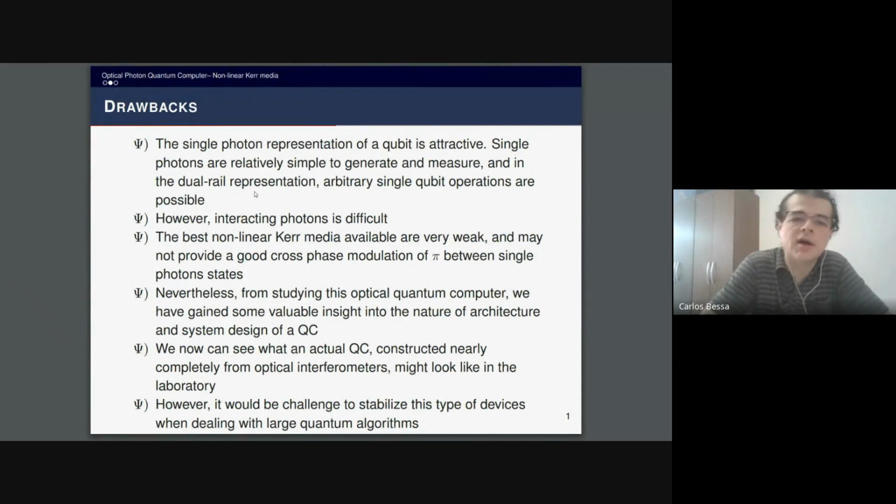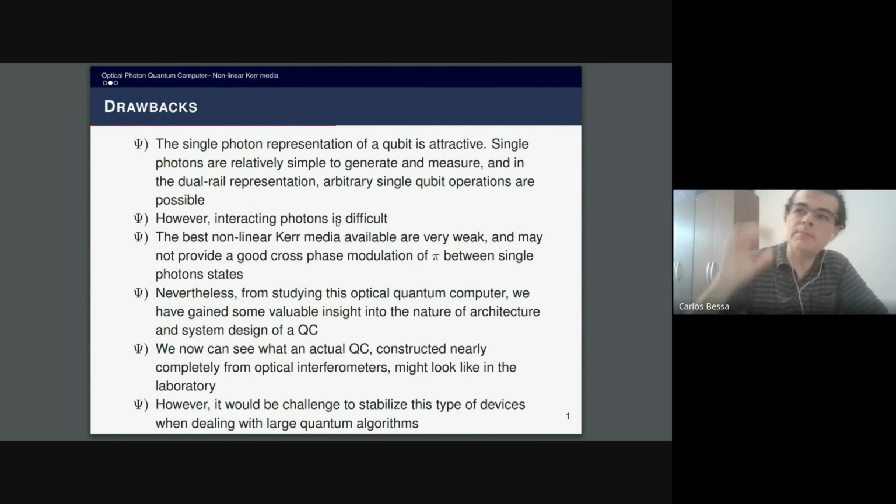We could at least theoretically manage how to do some important gates like CNOT gates or a Fredkin gate and so on. But the problem is that interacting photons is not easy. In fact, it's difficult. Like in the vacuum, photons do not interact, right?